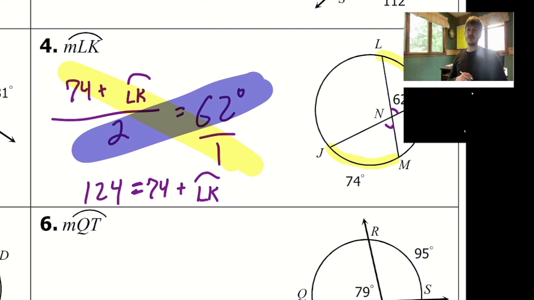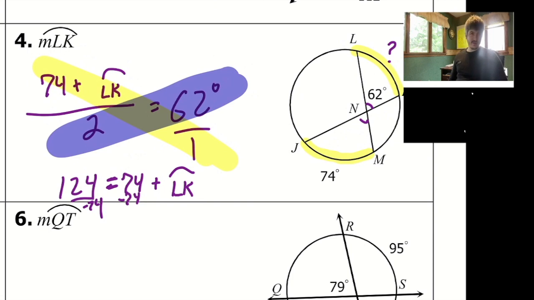And then last step, just subtract both sides by 74. Subtracting 74, is that 50? I think so. So the measure of arc LK is equal to 50 degrees.